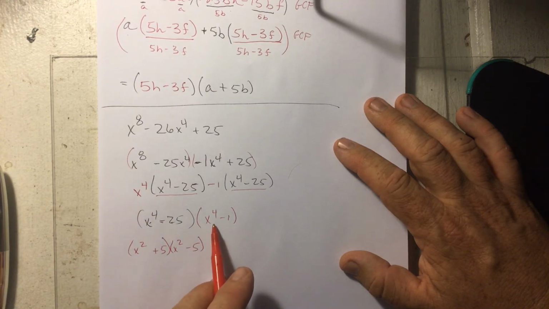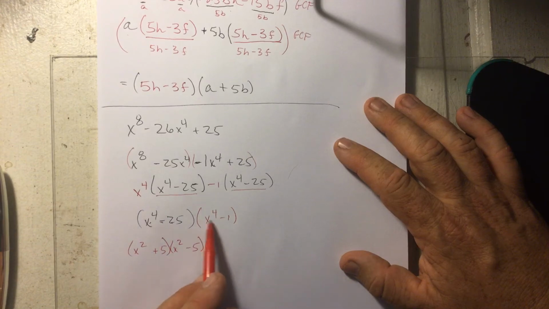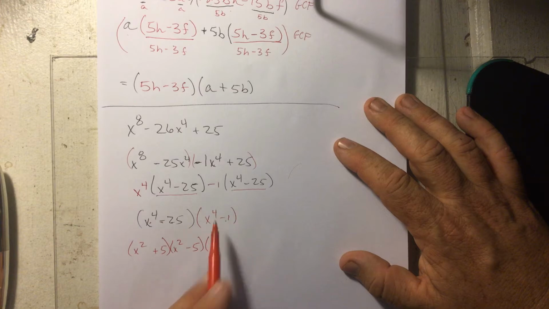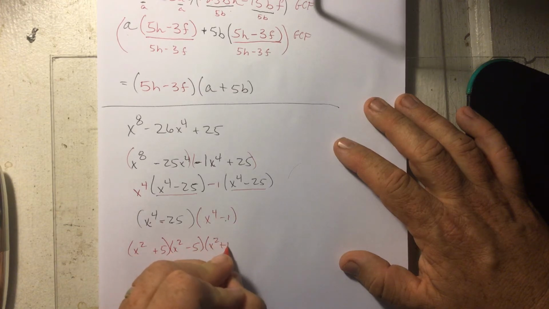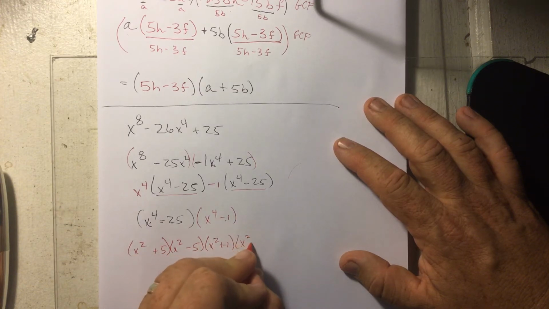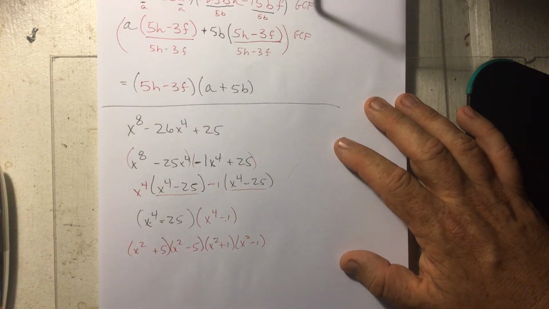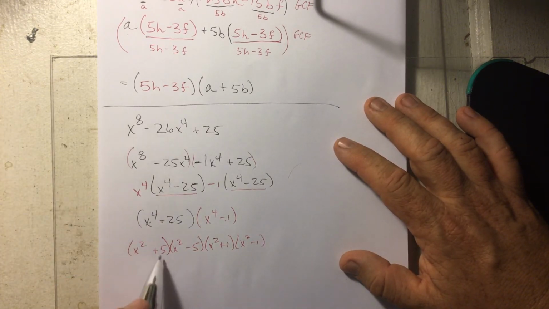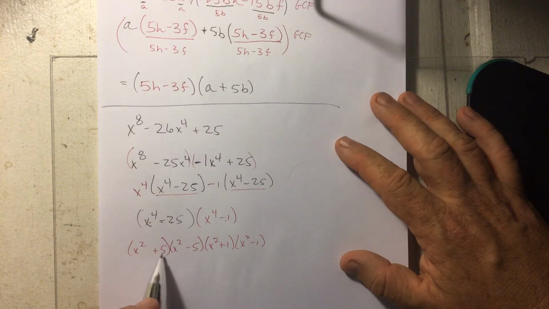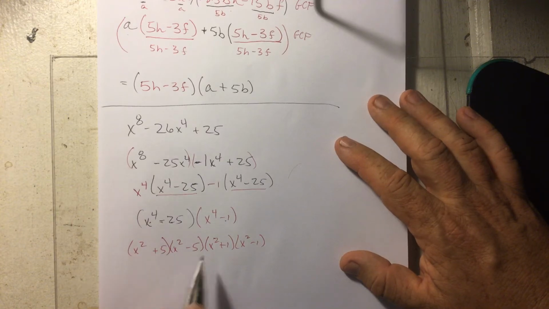If I'm looking at this one, I can say, okay, what multiplies together to make negative 1, but adds to make 0? x squared plus 1, x squared minus 1. Nothing multiplies to make 5 but adds to make 0.